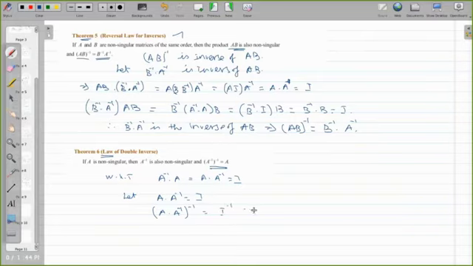I inverse is nothing but I itself. Now, we have studied the previous rule: AB whole inverse is B inverse into A inverse. So I will write A inverse whole inverse into A inverse is equal to I itself. Now I am going to post multiply by A. That means A inverse whole inverse into A inverse into A, then I into A.